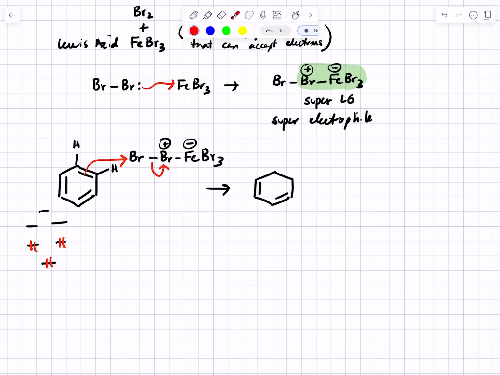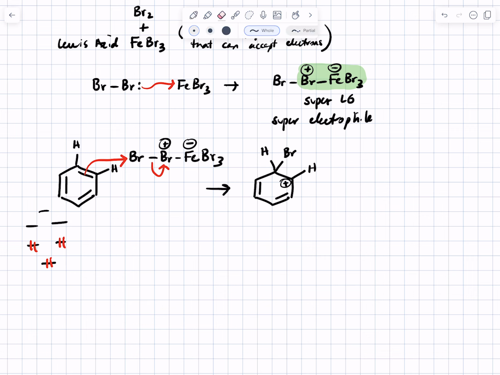And we'll deal with that in a second. Probably maybe on Friday. That's called regioselectivity, and we'll deal with that later. But first we need to go through the individual reactions. So for our purposes, let's just say the carbon at the top gets the bromine. The other carbon gets a positive charge.